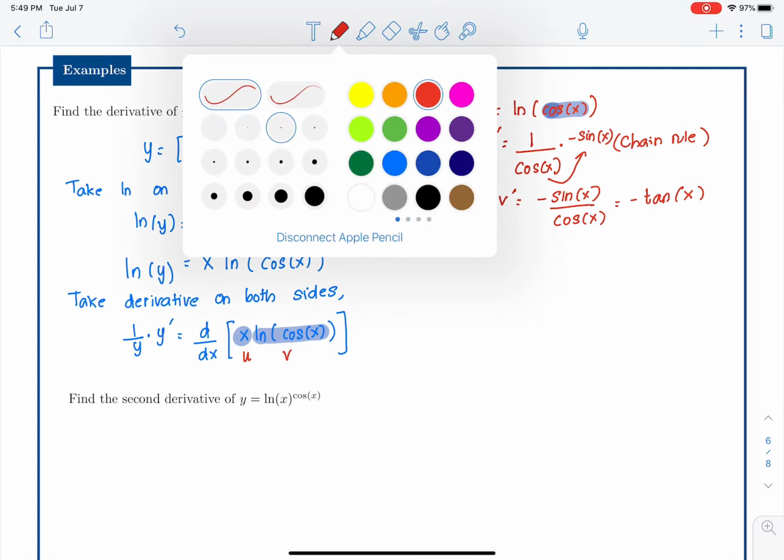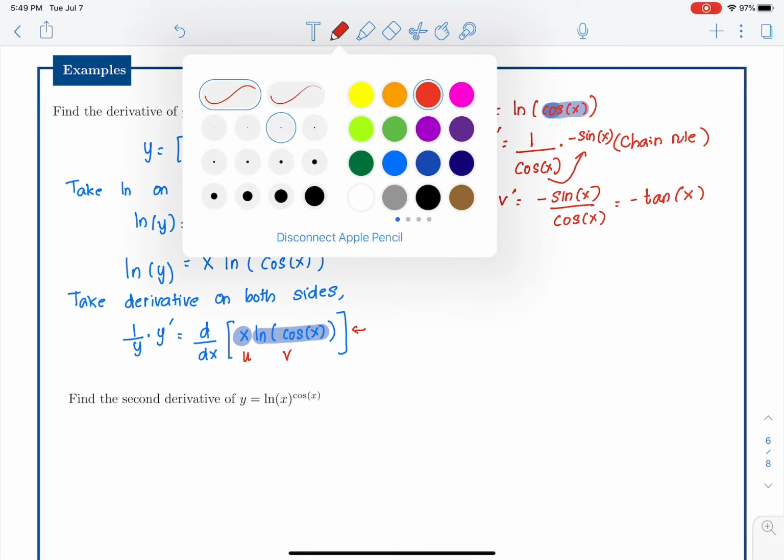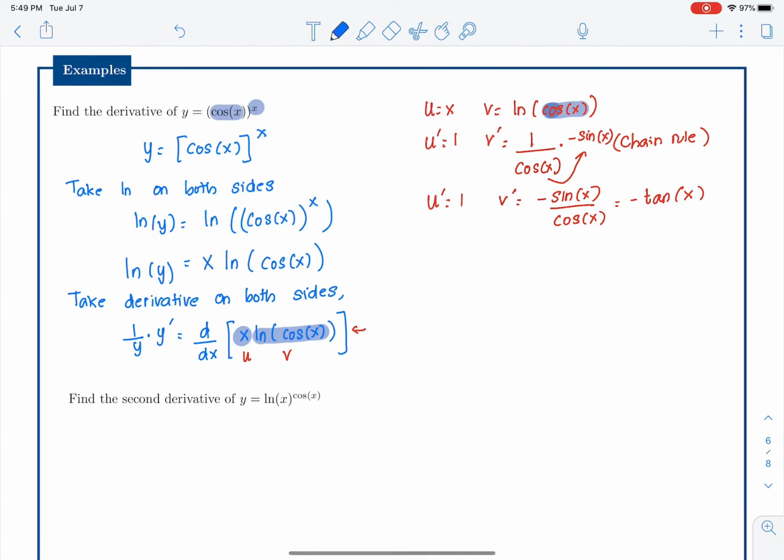Now going back to this step, 1 over y times y prime equals, that derivative is u v prime plus v u prime. U is x, v prime is negative tangent of x.